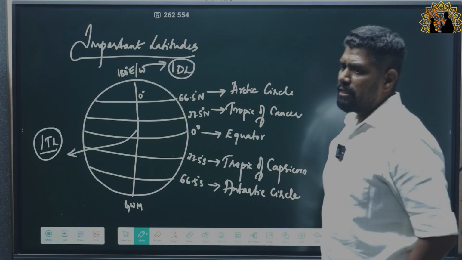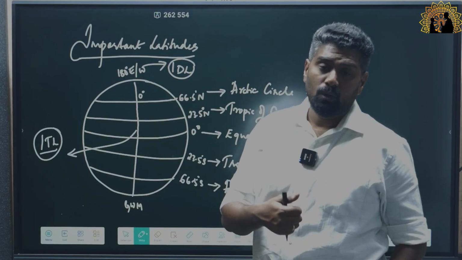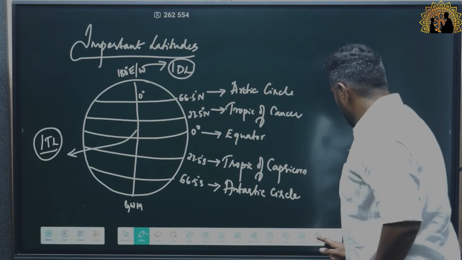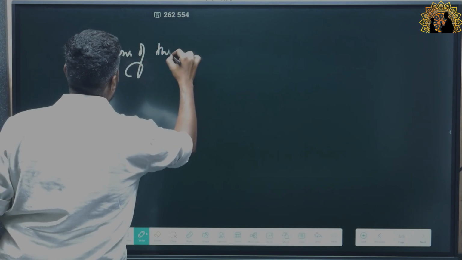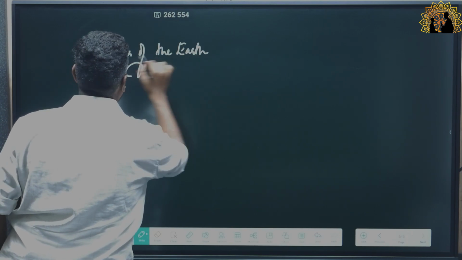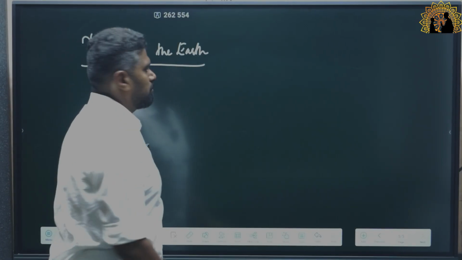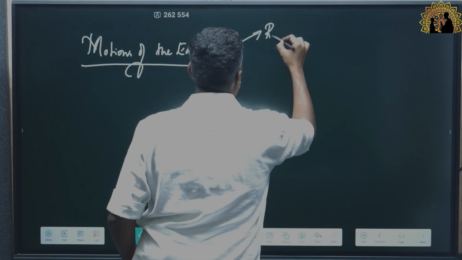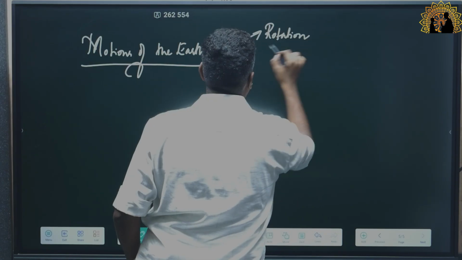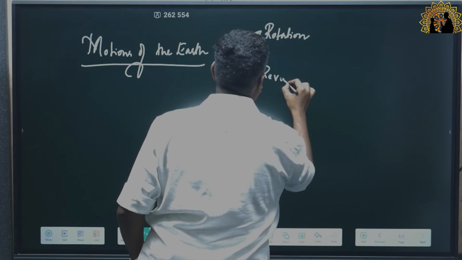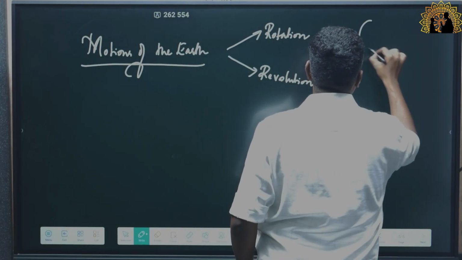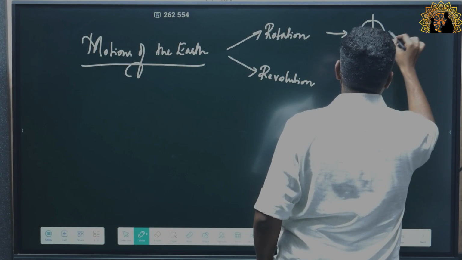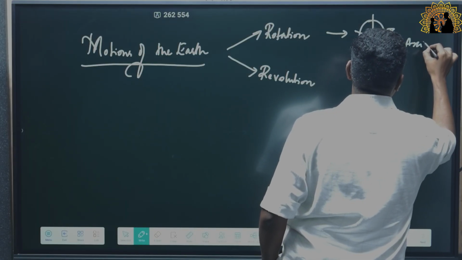Alright, Earth actually rotates and also revolves, so there are a lot of motions of the Earth. When we talk about the motions of the Earth, we have two types of motions: rotation and revolution. Rotation means it rotates on its axis, so this is the axis, this is the rotation.